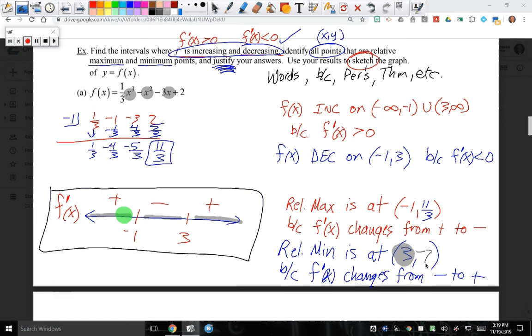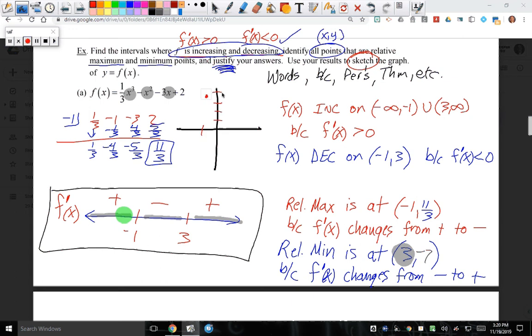Okay? Here we go. Now I'm going to go to sketch it. This is the culmination. This is putting everything together. Okay, here we go. I have a point at negative 1, 11/3. 11/3 is about 3 and some change.